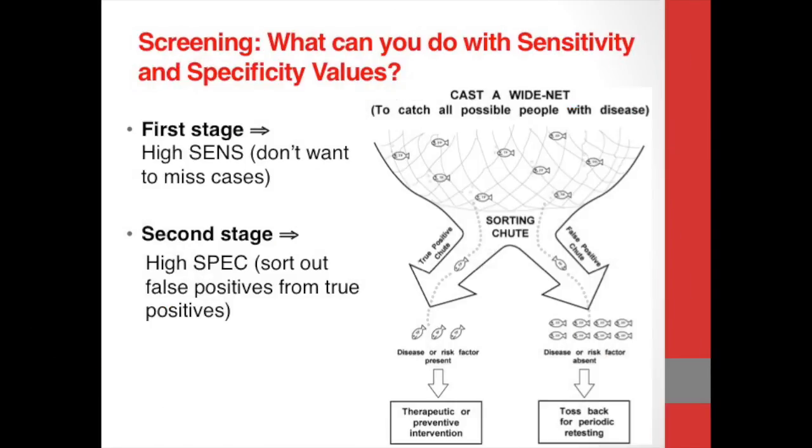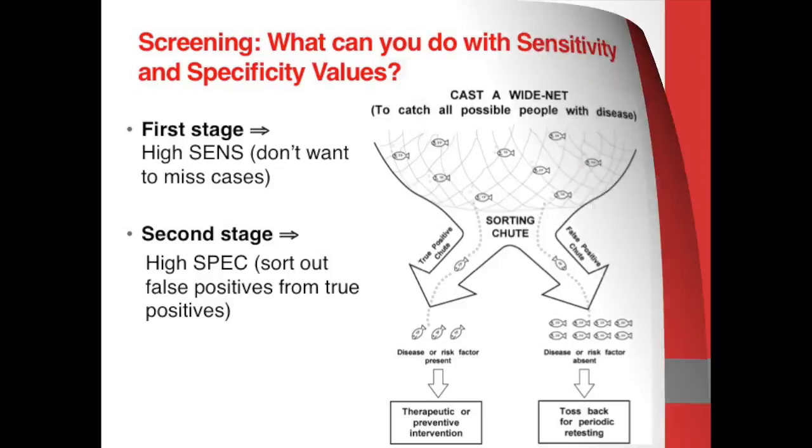What can you do with this information about sensitivity and specificity to assess the value of a screening test? In the first place, you want high sensitivity because you don't want to miss cases. Later, you might look for a test with high specificity to sort out false positives from the true positives.